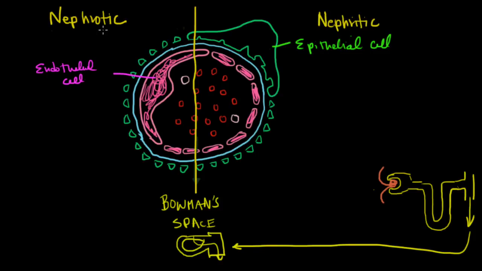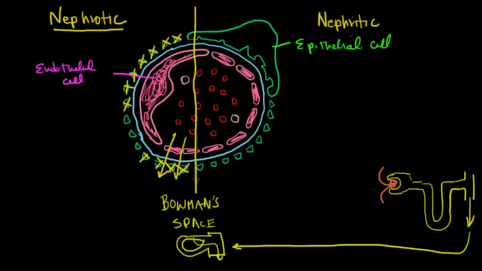So nephrotic syndrome is fairly straightforward. It's a process where, for some reason, these podocytes, which are all connected to the epithelial cell, aren't working, or they get lost, or they recede, or they involute. Something makes them disappear. And as a result of that, they're not able to keep the protein in.